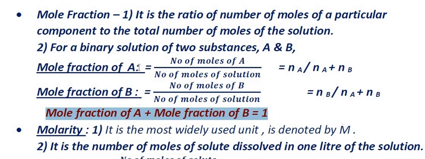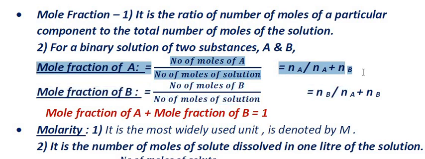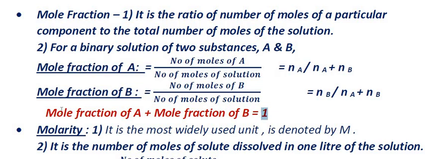Like in this case, you have to calculate the mole fraction of both component A and B. So you will calculate the mole fraction of A by using this formula, and mole fraction of B can be calculated by subtracting it from 1. 1 minus mole fraction of A will give you the mole fraction of B.